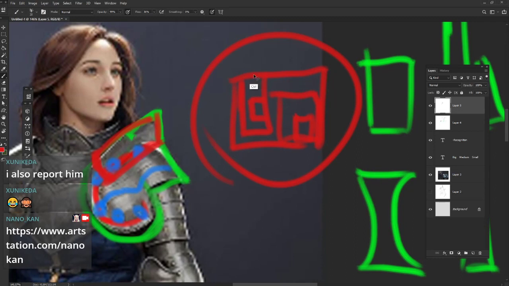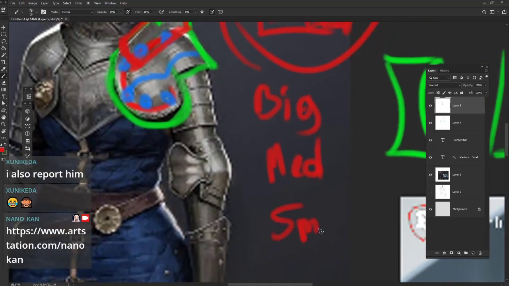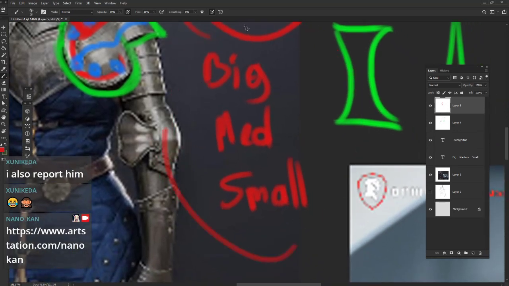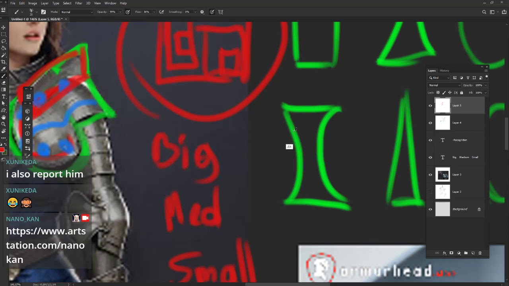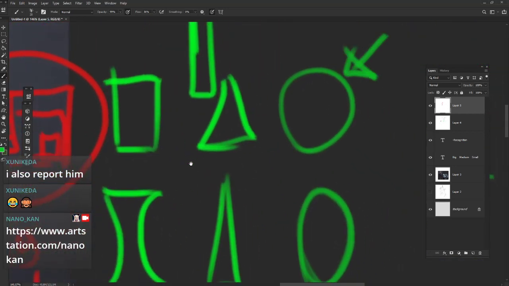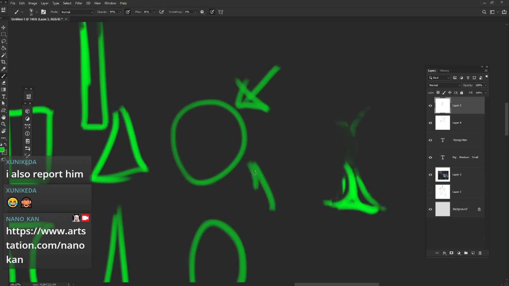You need to break it down like that. Big, medium, small. That's always been and always will be like that. In the same way, with specific shapes: rectangle, triangle, and the ball, or what is it called in 2D?